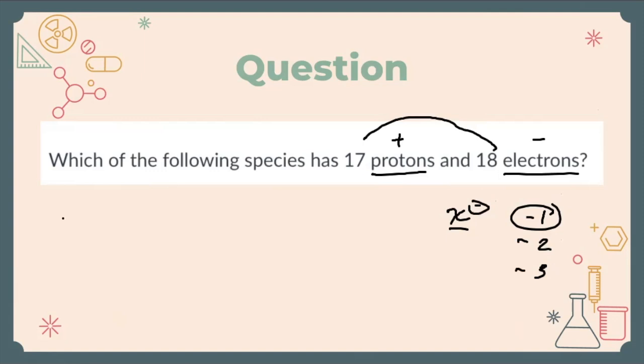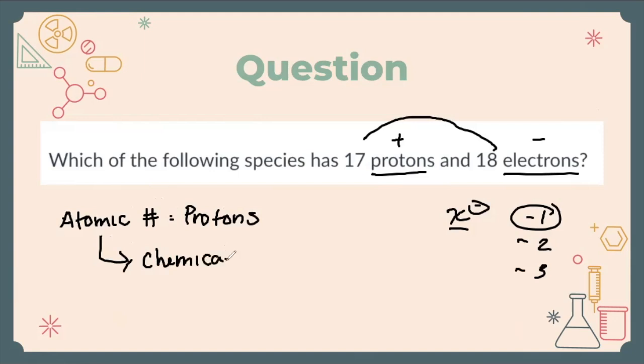So how do we figure out which element we're talking about here? Again, atomic number equals protons. But the atomic number also tells you the chemical symbol. So if you look at the periodic table, you need to look for the number 17.